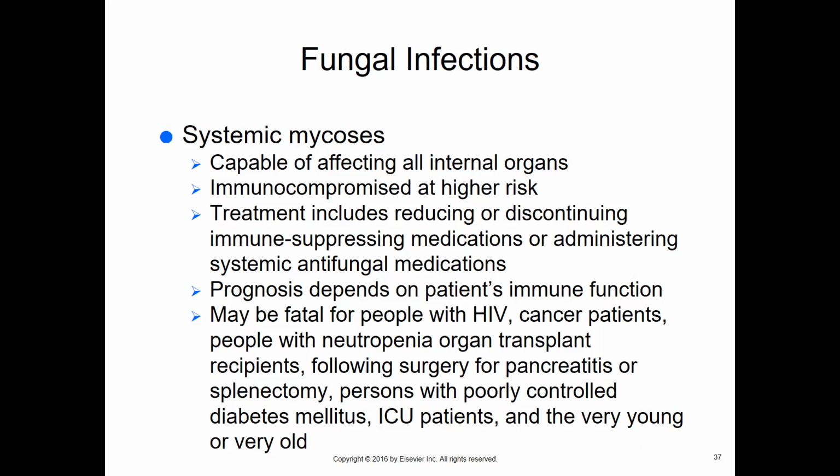Signs or symptoms would depend on the organism, but often would involve things like fever, malaise, pain, or discomfort in the affected area or organ. And again, treatment would depend on what the organism was, but we would generally use antifungal agents such as itraconazole, fluconazole, or amphotericin B.